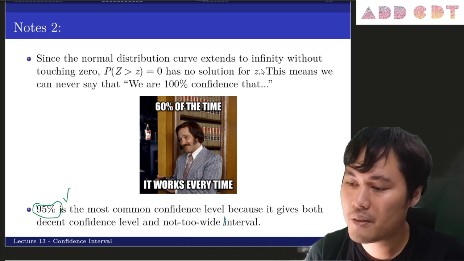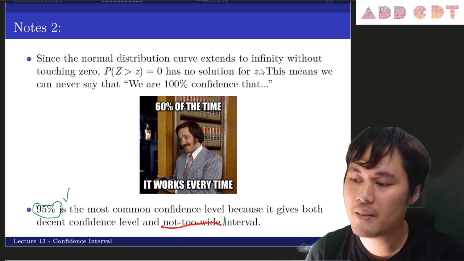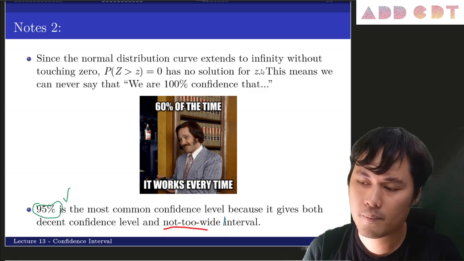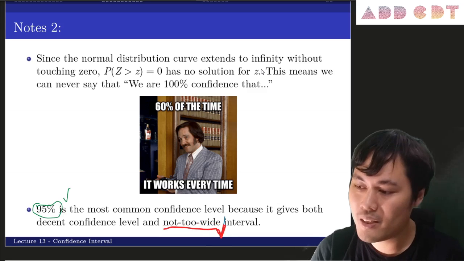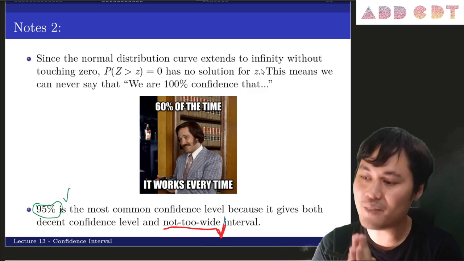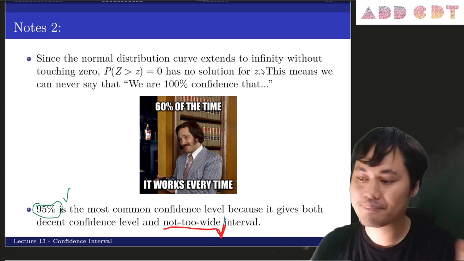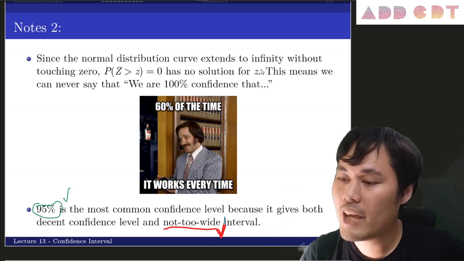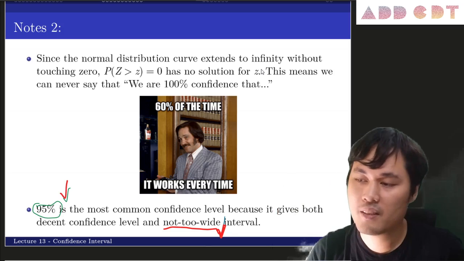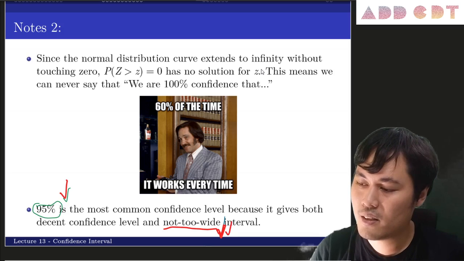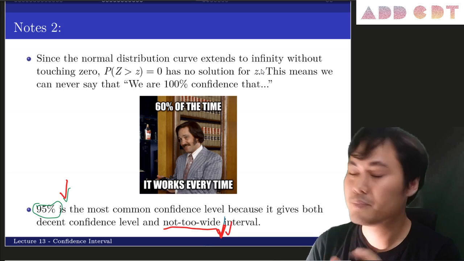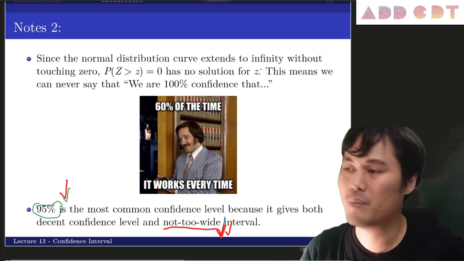But it also gives a not too wide interval. Notice I'm not saying it's narrow; I'm saying it's not too wide. So we have a decent amount of confidence, and we also have a decent length of the interval, not too large or too small.